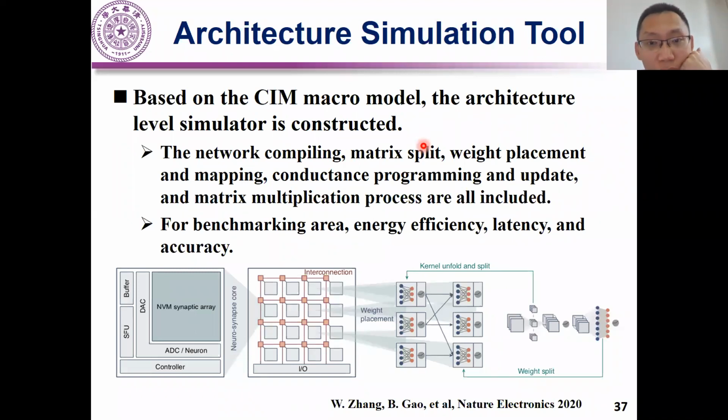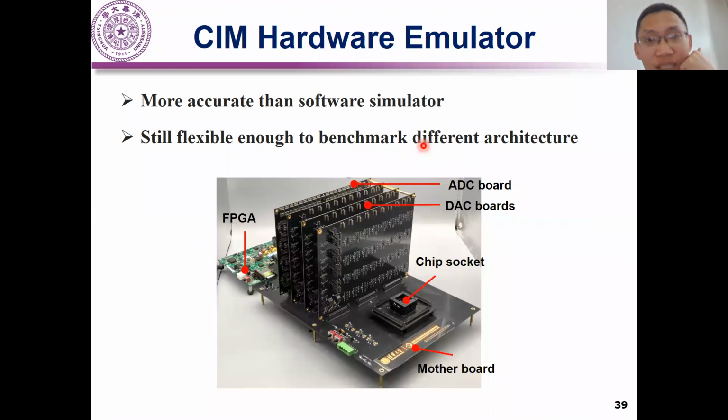And we also have a plan to share our hardware emulator. We have considered this for 2 years because we hope to spread this area. We hope more groups can do hardware demonstration.